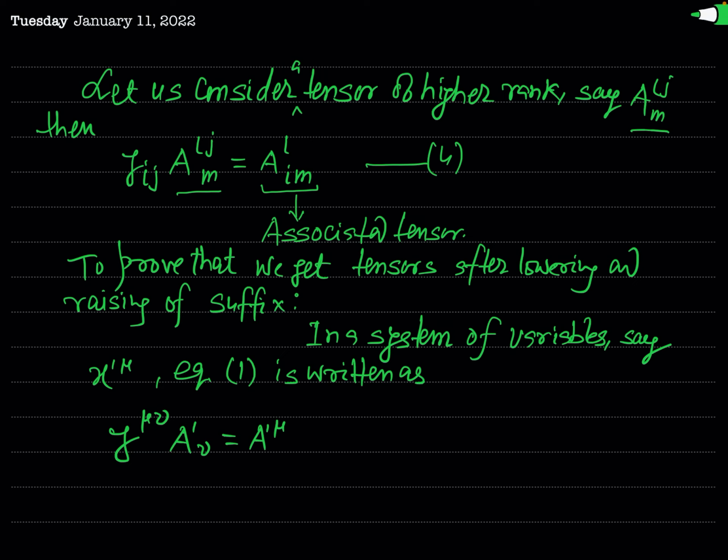Now we have to show that this quantity A super I is a tensor. You have to show this, and for this, we will follow the transformation law. We can write this equation in this way: A prime mu. In fact, this quantity on the RHS has been written on the LHS now.